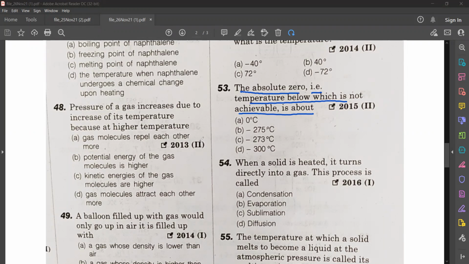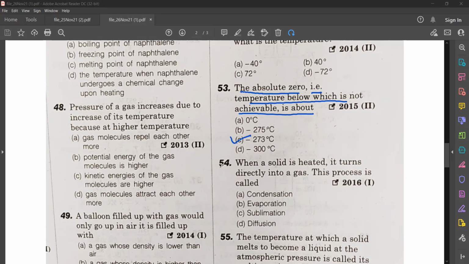0 degrees Celsius, minus 250, minus 275 degrees Celsius, minus 273 degrees Celsius, minus 300 degrees Celsius. Yes, correct. The answer is minus 273 degrees Celsius.